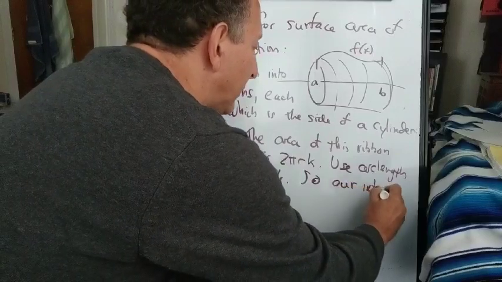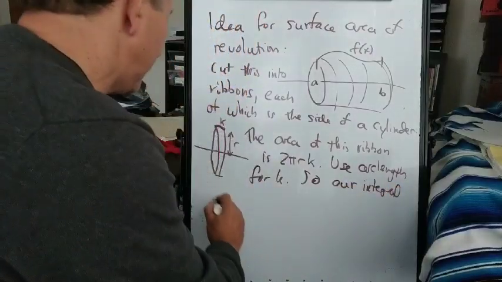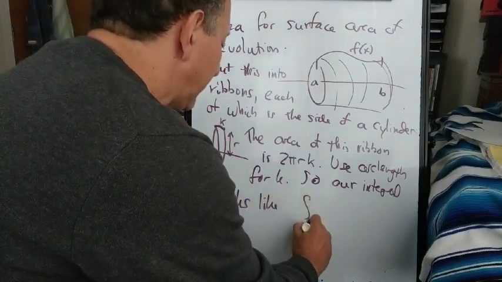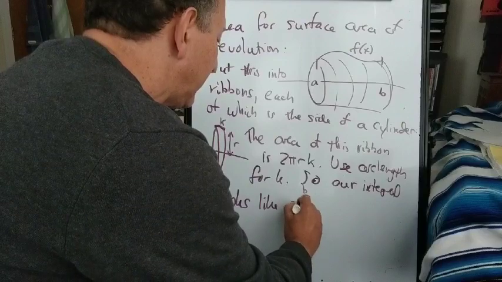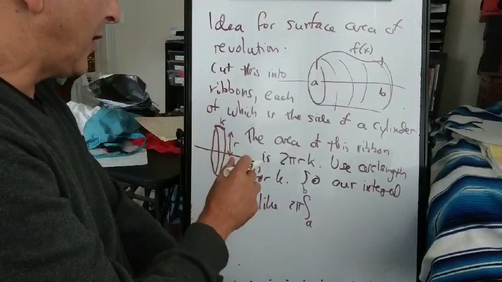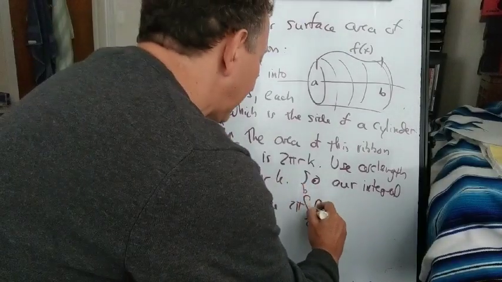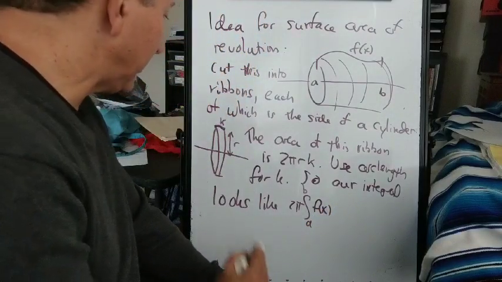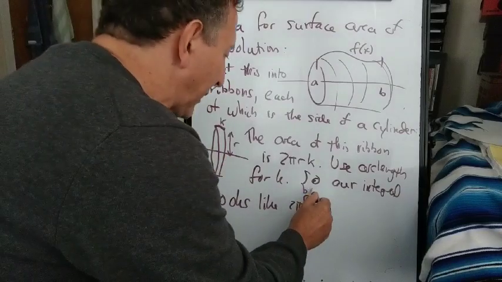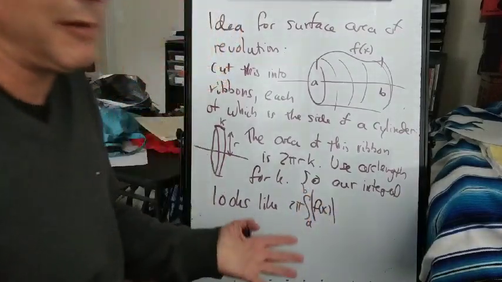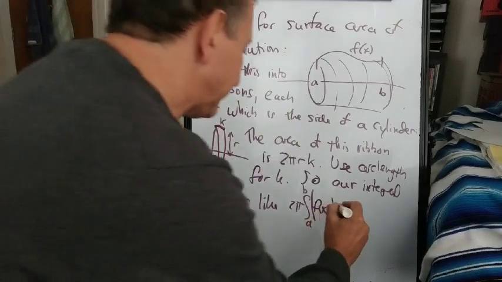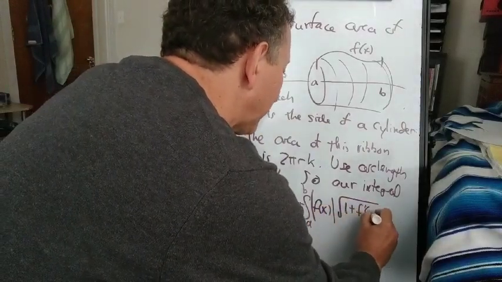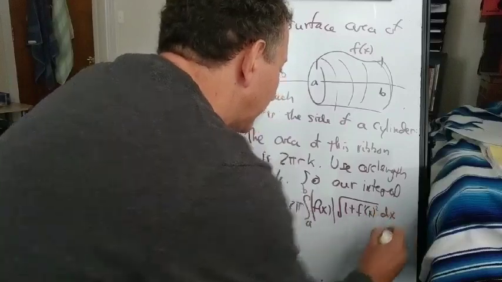So our integral looks like an integral from a to b, 2 pi. Now r is going to be f of x if we're rotating around the x-axis. And maybe I should put absolute value of f of x because maybe f of x is negative. And then we've got the arc length part, square root of 1 plus f prime of x squared dx.